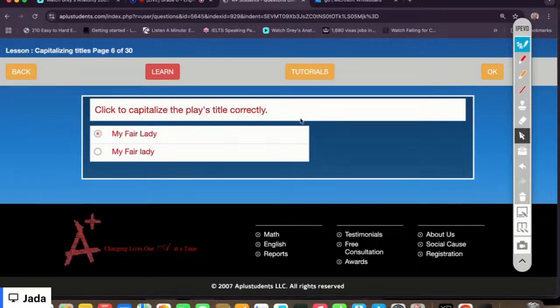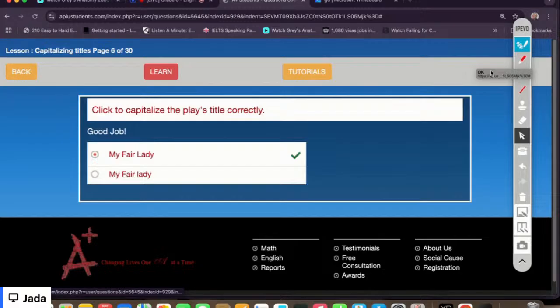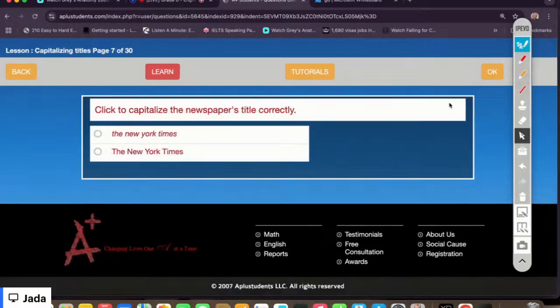All right, so we have My Fair Lady, the first one. So next, The New York Times, first or second?